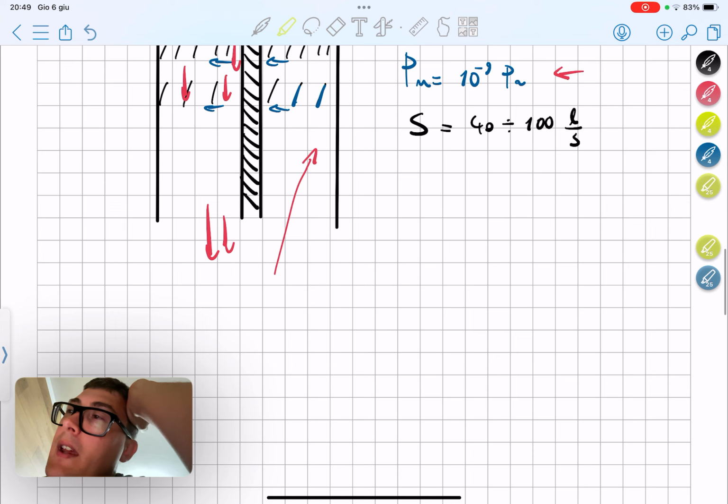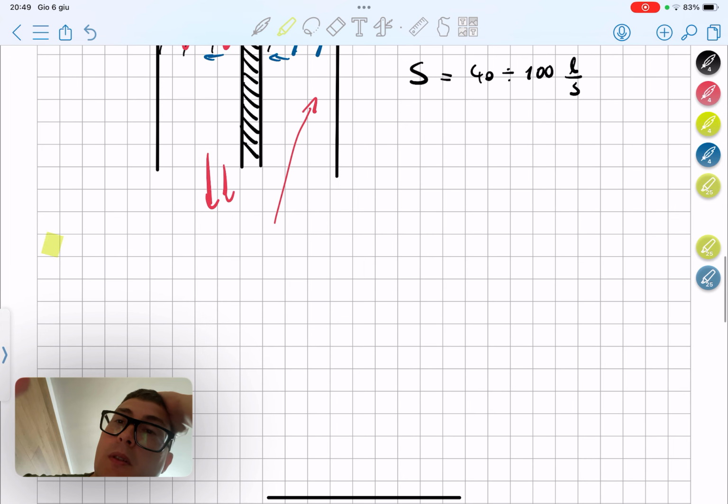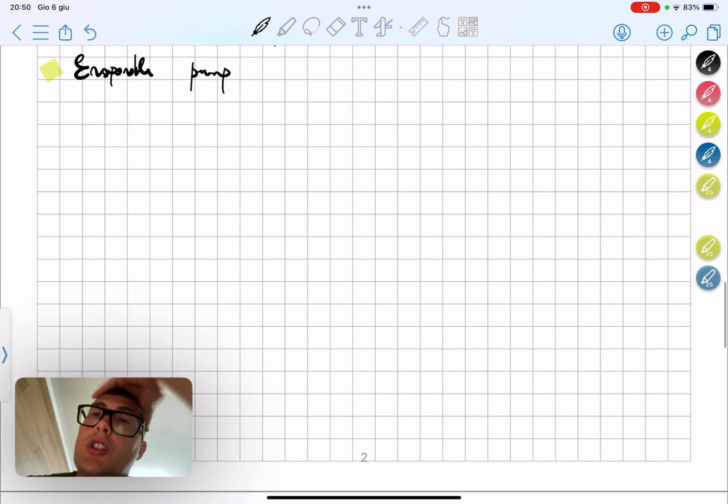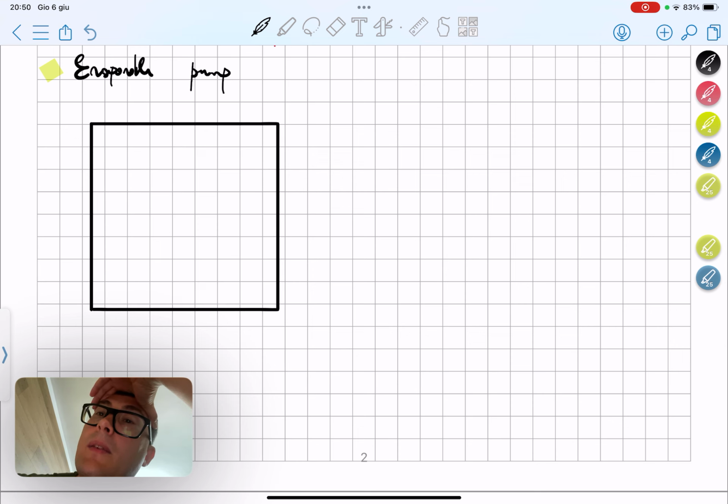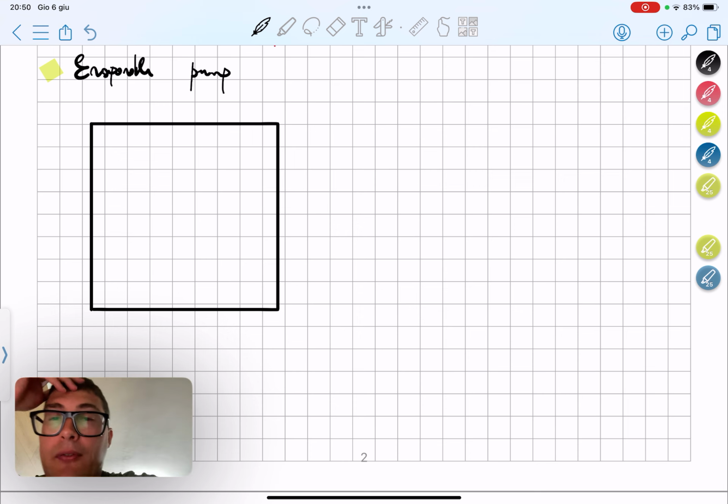So let's start with the evaporable pump. In this type of pump, we should bear in mind that, as I anticipated in the first video, this type of pump works with gas surface interaction.